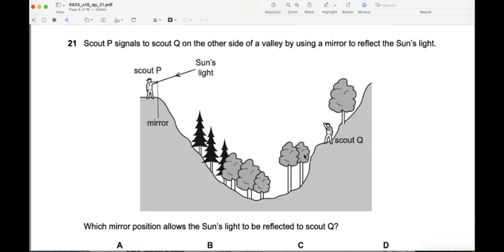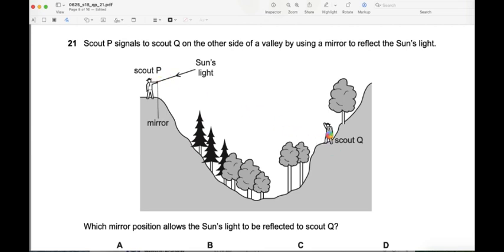Scout P signals to Scout Q on the other side of a valley by using a mirror to reflect the sun's light. Okay, look at Scout P. Look at the light from the sun.